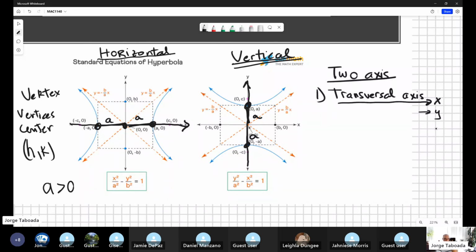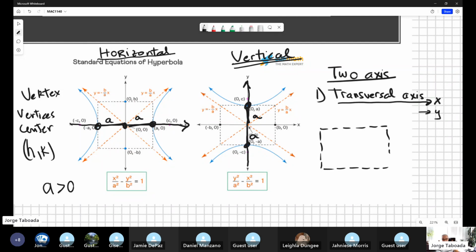What about B? Well, B is confusing because you don't see it clearly. To visualize a little bit, you are doing this famous reference rectangle.